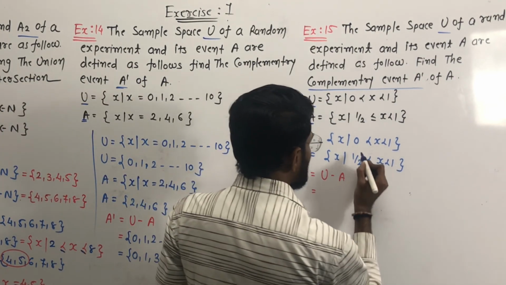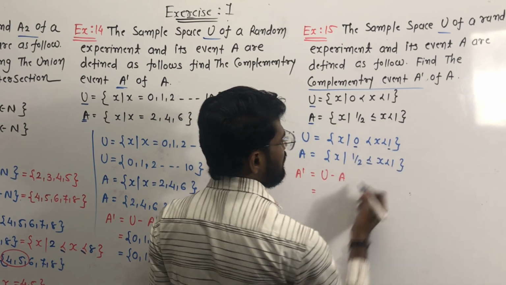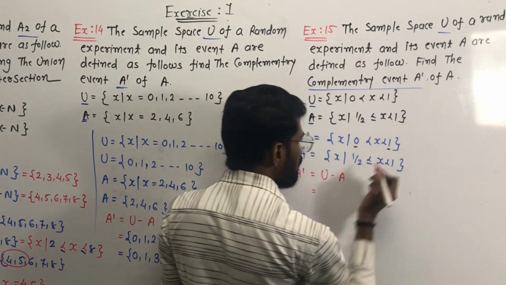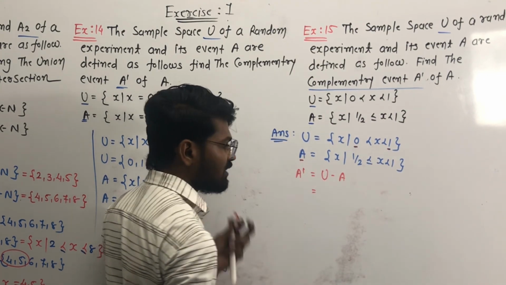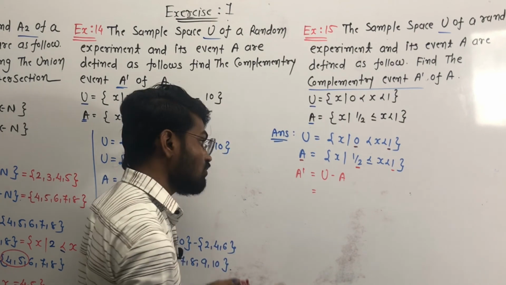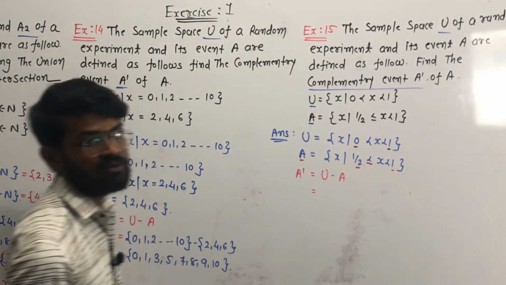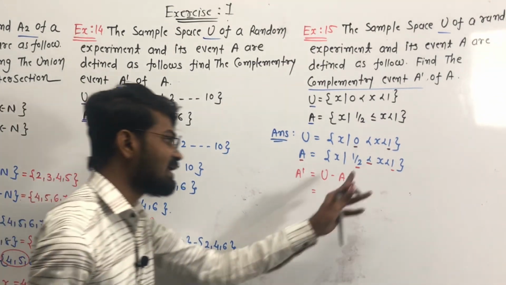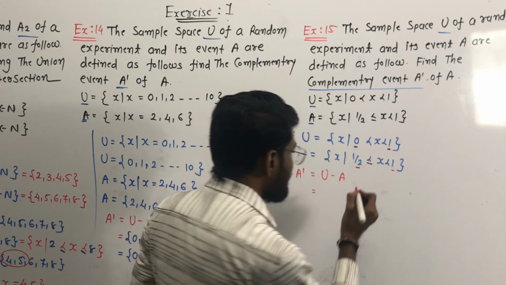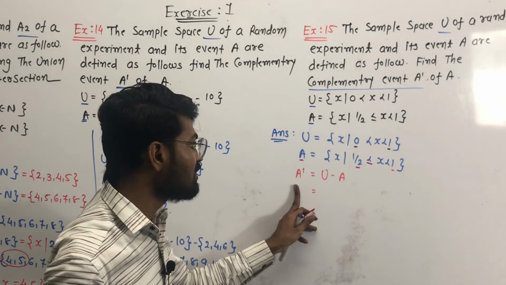Here we can see that the values of the universal set are between 0 and 1. And the values of the elements of event A are between 1/2 and 1. Also notice that 1/2 is included, because it is less than or equal to. Yes, so 1/2 is included in A, so it will not be included in A dash.